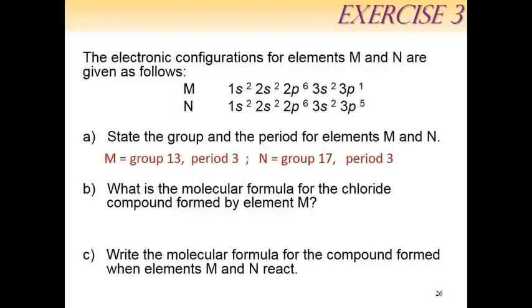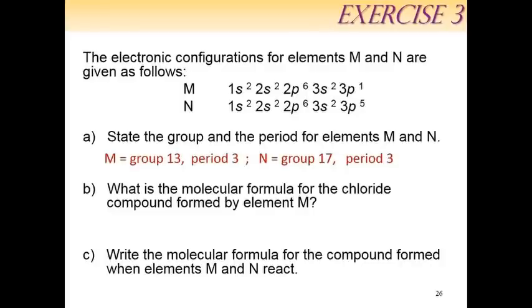The answer for exercise 3A: state the group and period for elements M and N. M is from group 13 and period 3. Element N is from group 17 and period 3. For element M, the highest value of n is 3, so it is from period 3, and the valence electrons are 3.